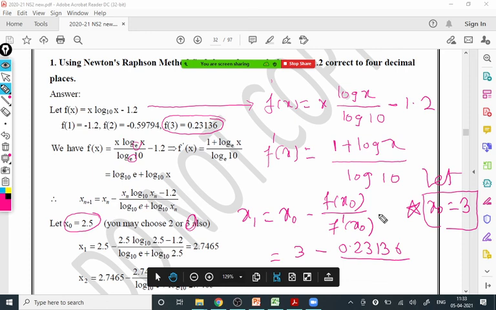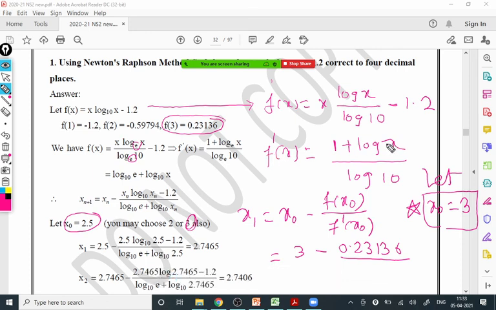Here is f dash x. Just replace: 1 plus ln 3 divided by ln 10. Use the ln tab of your calculator, or directly write 1 plus ln x upon ln 10 also, if you have confusion.